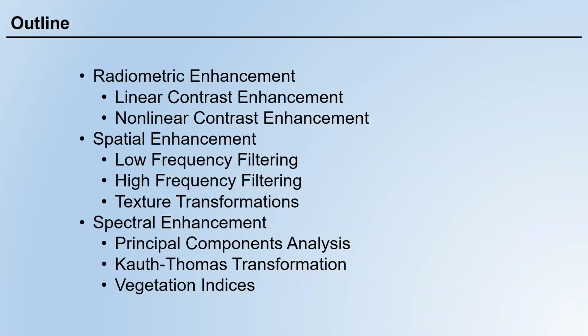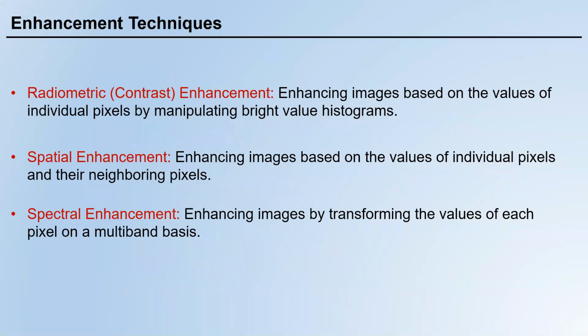And the spatial enhancement and spectral enhancement are for next week. Okay? So radiometric or contrast enhancement means enhancing images based on the values of individual pixels by manipulating brightness value histograms.